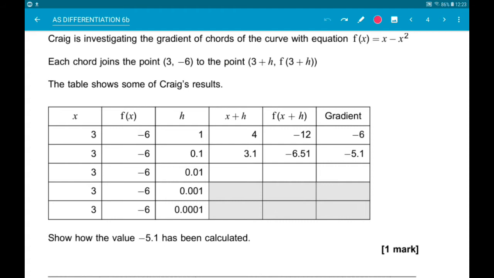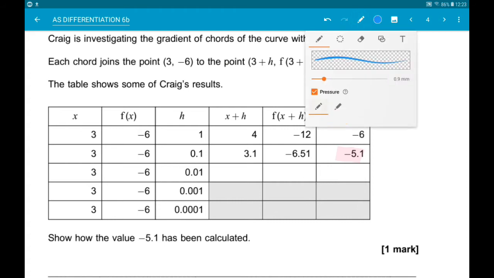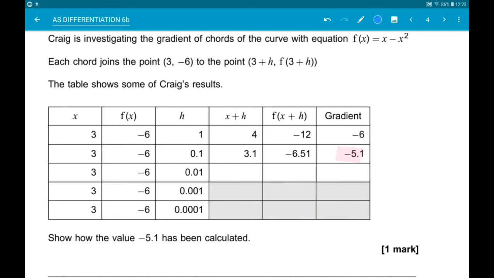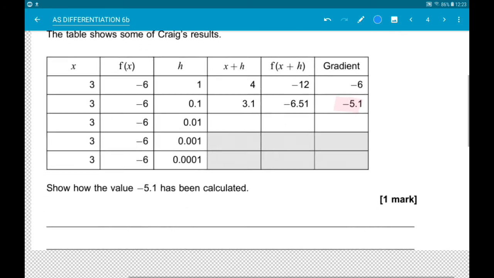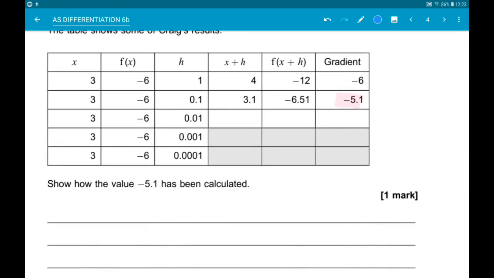So we are looking at the gradient being minus 5.1. Well, to work out the gradient, we know it's f of x add h minus f of x all over h.